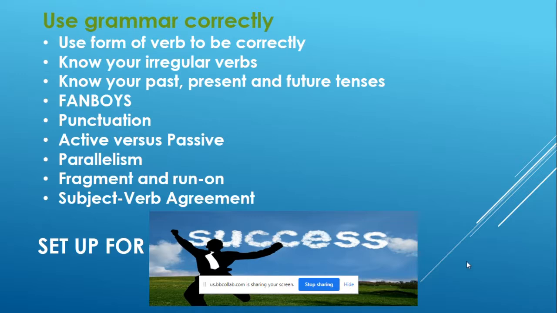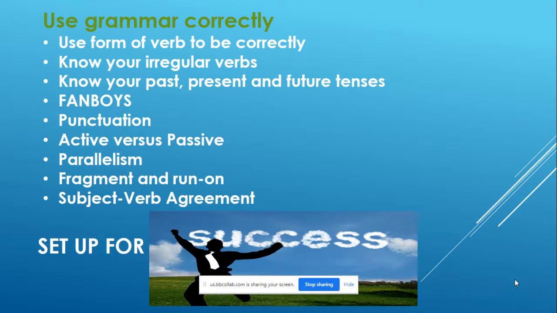It's easier than Spanish. We have to know your irregular verbs. Those, I'm so sorry, you have to look at the list and memorize it. I'm going to give you quick rules for the past, present, and future tenses so you can understand when to apply them. The fanboys, which is how to connect your sentences together and make complex sentences. And we're going to talk a little bit about punctuation, the active versus the passive voice.